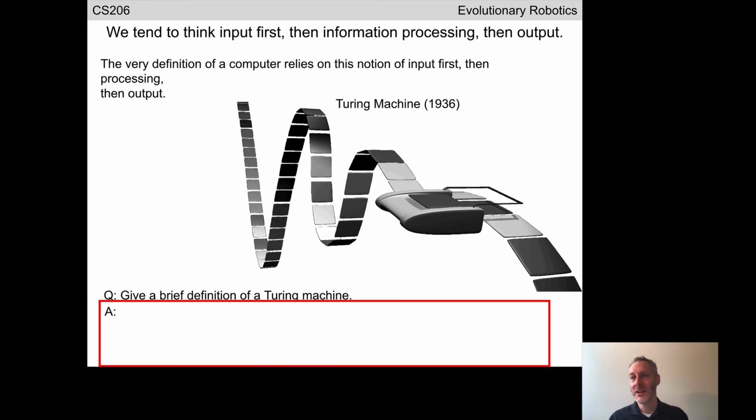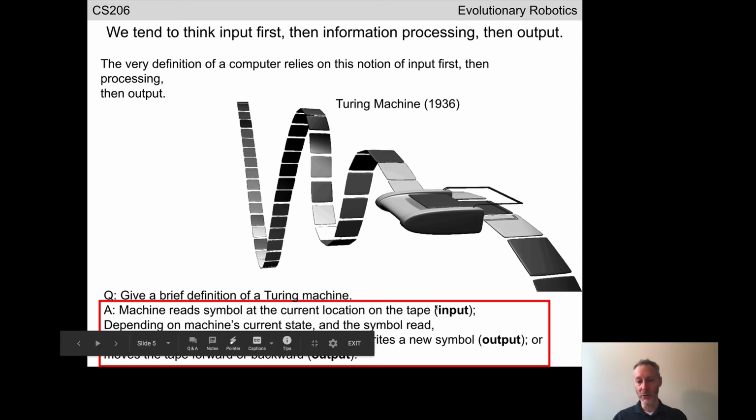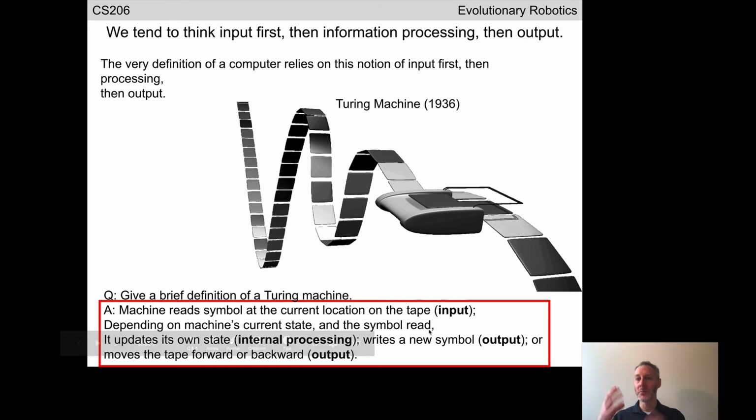Inside the Turing machine, as George says, it changes its internal state based on what it read in, and also it has some internal memory. So it can combine its internal state with the symbol that it reads on the tape, combine that information to an output, and that output may cause the Turing machine to move left and right, or it may cause it to erase the symbol in front of it and write a new symbol there.